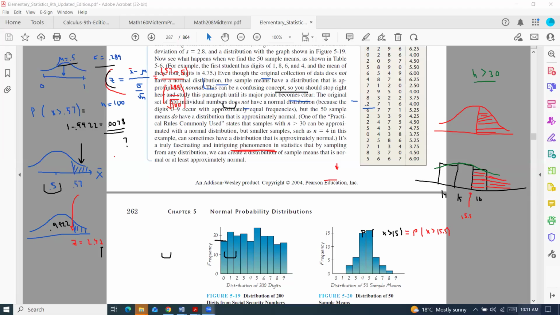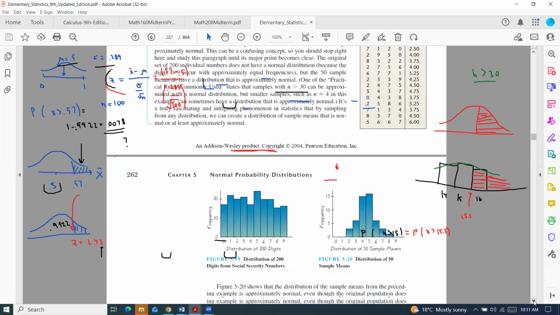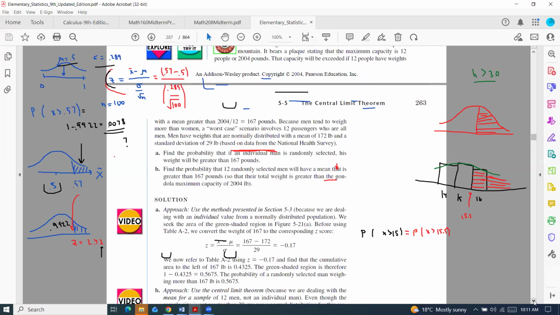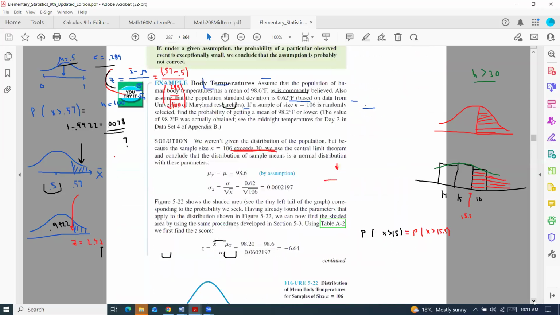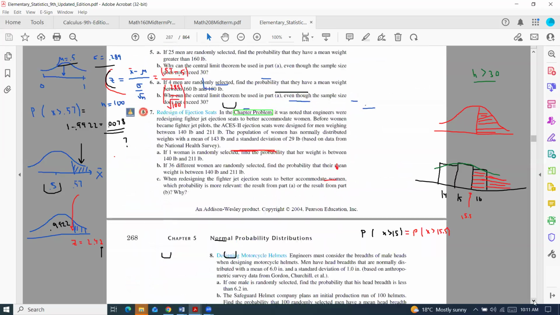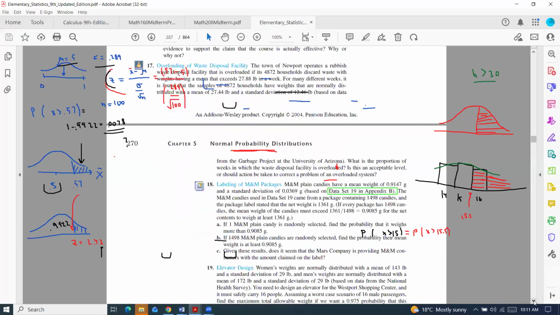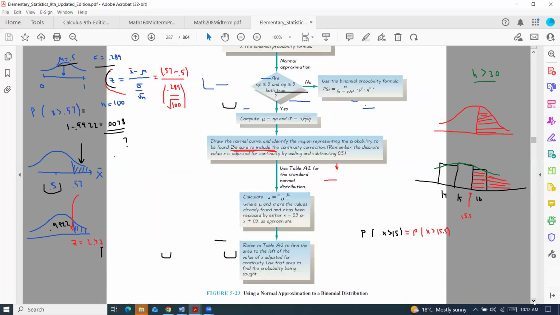And that's what lets me use all this stuff that we already saw in chapter 5 for binomial distribution. That's the idea.